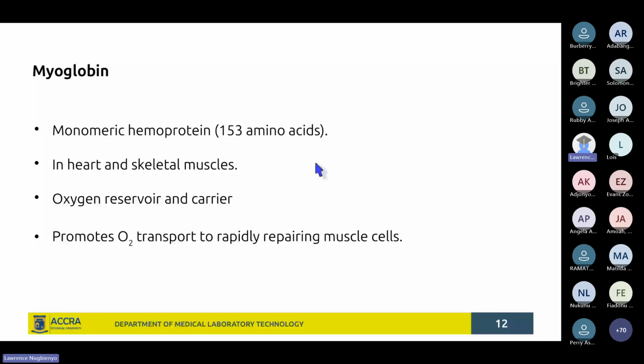Myoglobin is very active in these tissues, because oxygen has to be transferred quickly to these tissue cells for their metabolic processes that should quickly result in the repair of the damage in these tissues. Right.